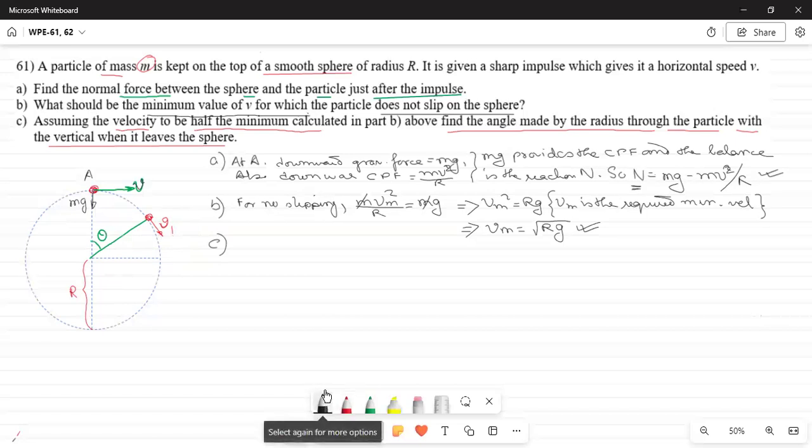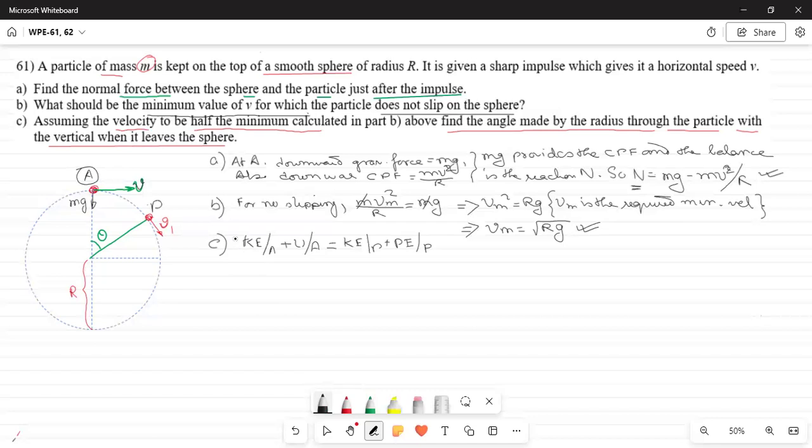So we can write the energy equation. Kinetic energy at A plus potential energy at A, this is the point A, will be equal to, say this is the point P when it slips, kinetic energy at P plus potential energy at P. What is the kinetic energy at A?